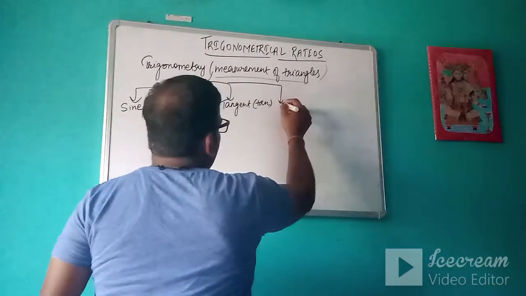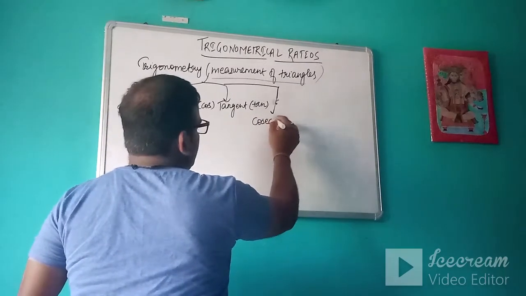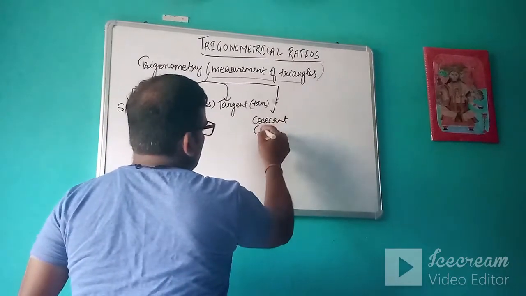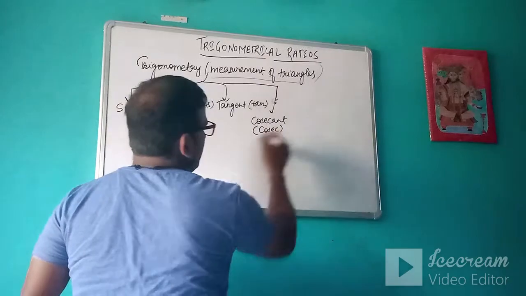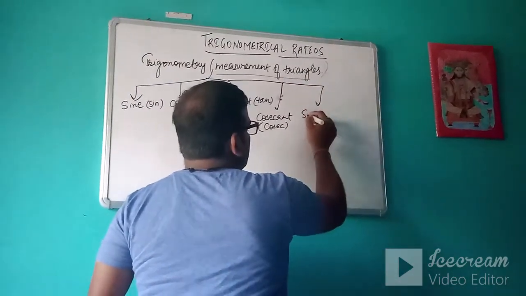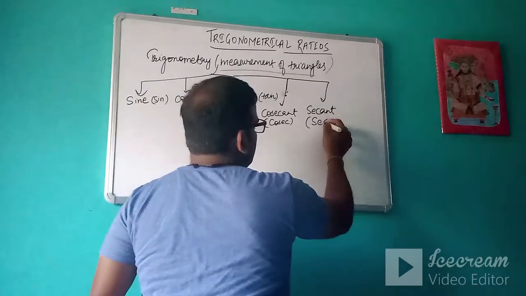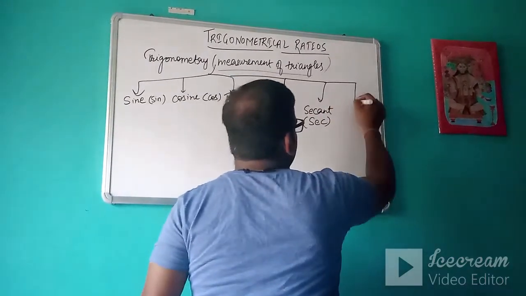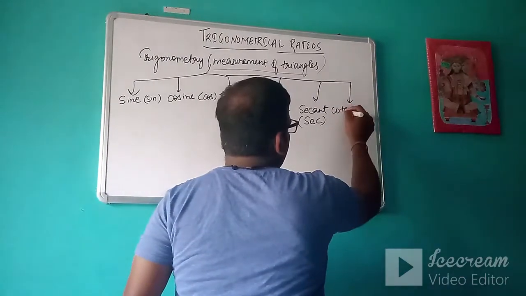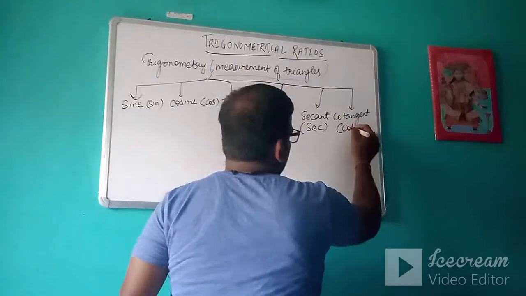Then one more is there, cosecant, in short we will write cosec. Then the fifth trigonometric ratio is secant, in short we will write sec. And the last one is cotangent, in short cot.